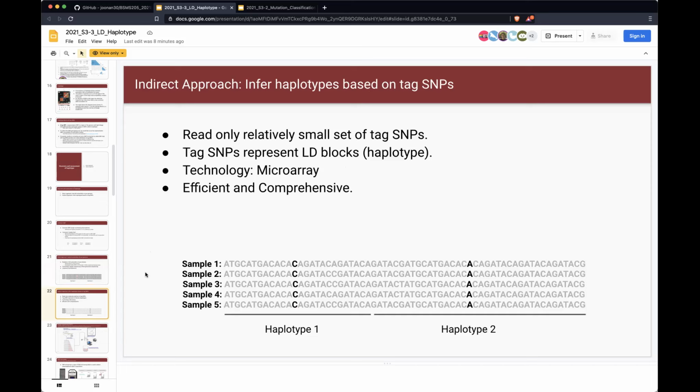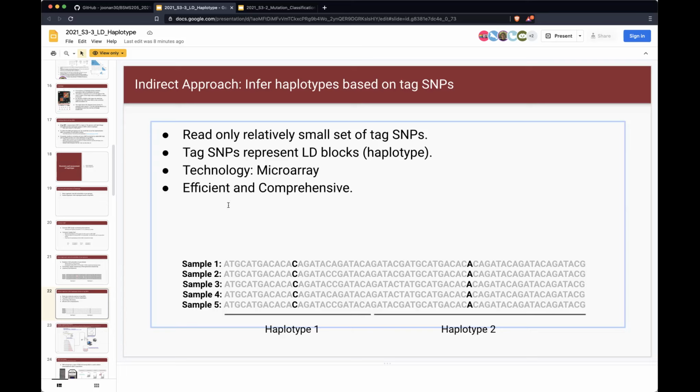The indirect approach is to read only small sets of the tag SNPs. Tag SNPs, as I explained, are the SNPs representing LD blocks or haplotypes. In this case, you use a technology called microarray, where you put the tag SNPs onto a chip, like an array type platform. Then you can read out the tag SNP information from lots of samples, right?